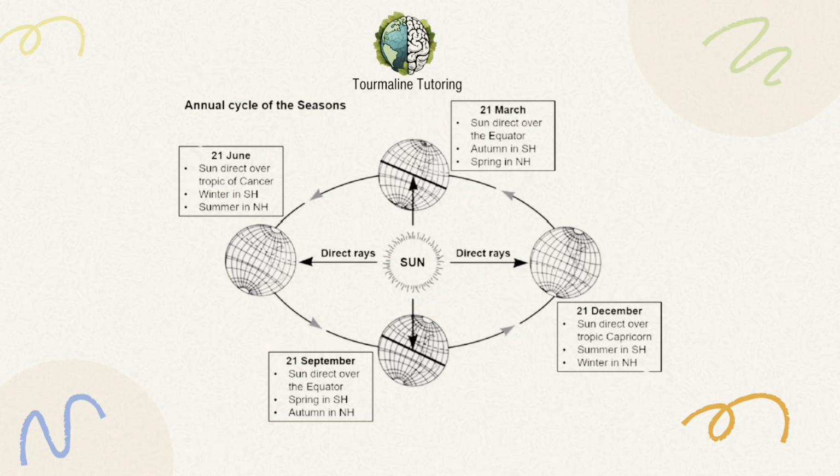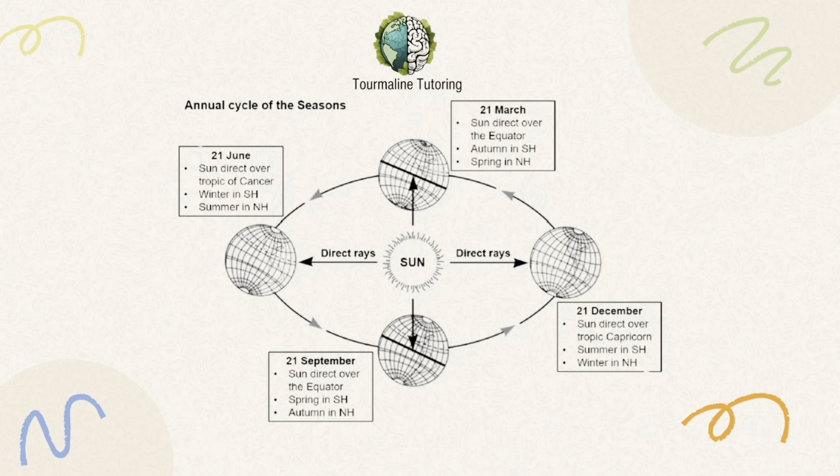Then we move over to 3 o'clock, where it's written 21 December. 21 December in the southern hemisphere is known as the summer solstice. However, in the northern hemisphere it's winter, known as the winter solstice.